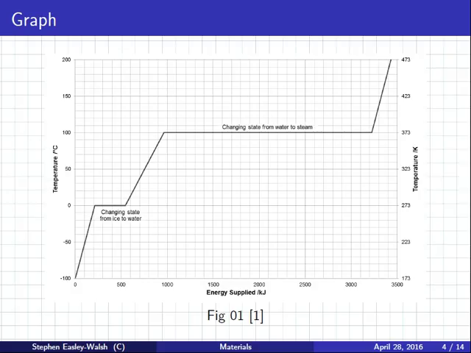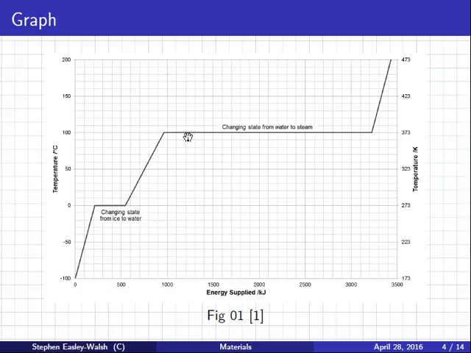Now before we continue, they sometimes ask you to make this graph in the exam. What they want to see, you don't have to get numbers on it, except what they would like to see in the exam is that you at least mark this as 0 and you mark this as 100, obviously. And also what they expect the student to do is to make this longer than this.